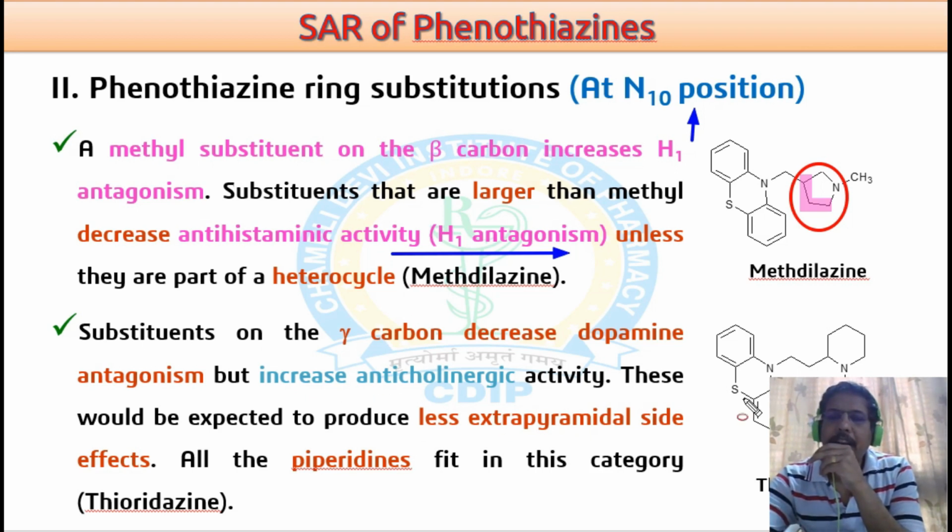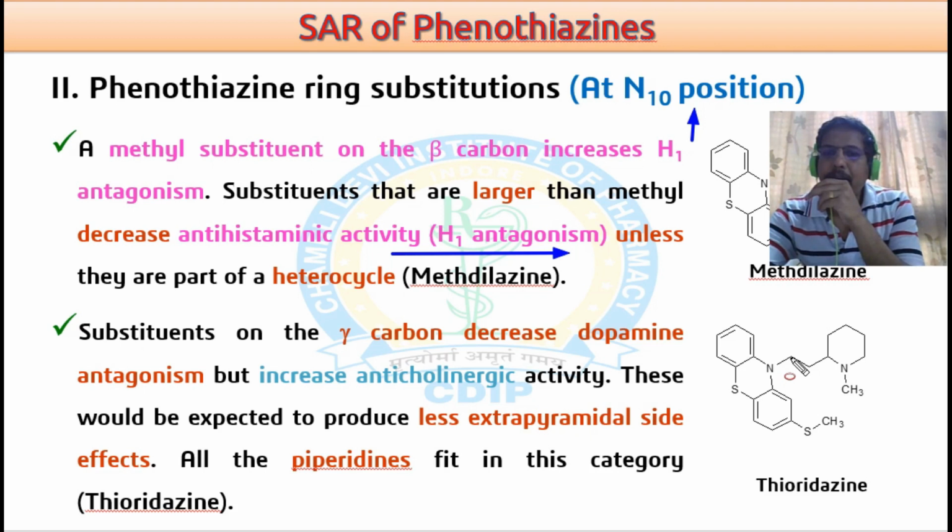Substitutions on the gamma carbon: this is the alpha carbon, this is the beta carbon, and this is the gamma carbon.